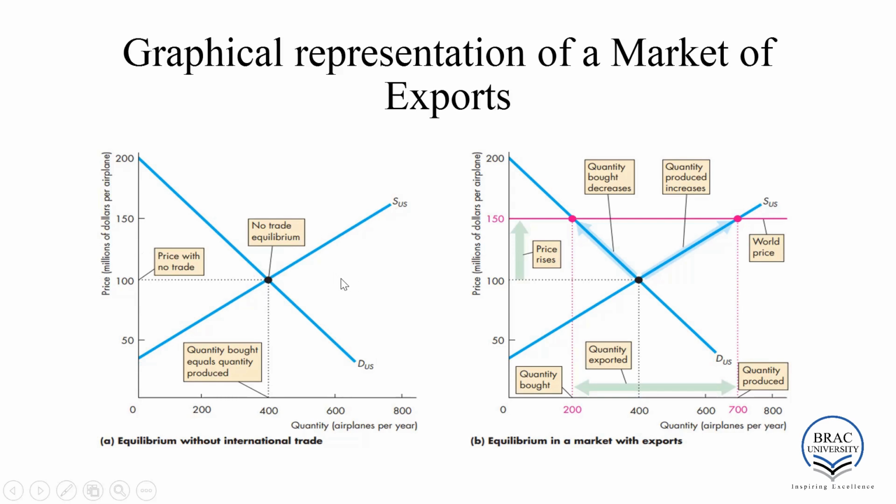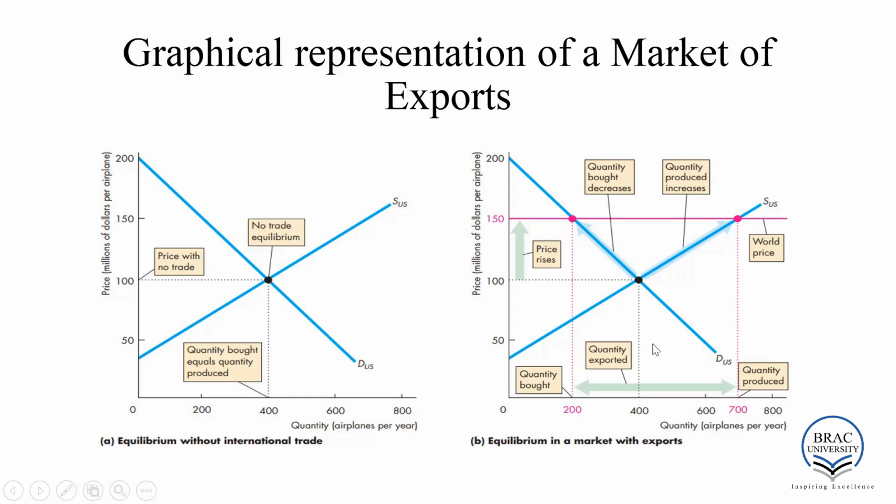So when there is no trade, we find the price at the equilibrium point, and the equilibrium point is at the intersection of demand and supply, and we can see that the price with no trade is $100 million per airplane. And at this price, the quantity bought and quantity produced is equal, and the amount is 400 airplanes per year. This is the case when there is no trade.